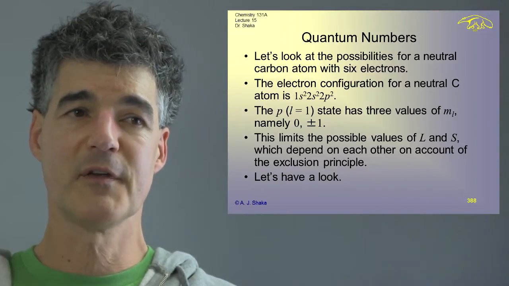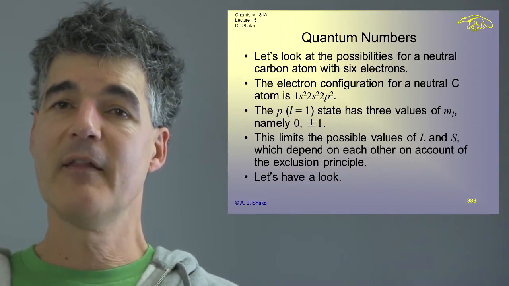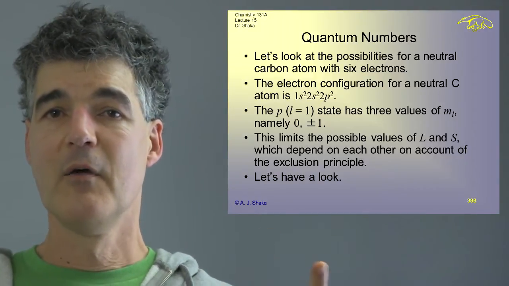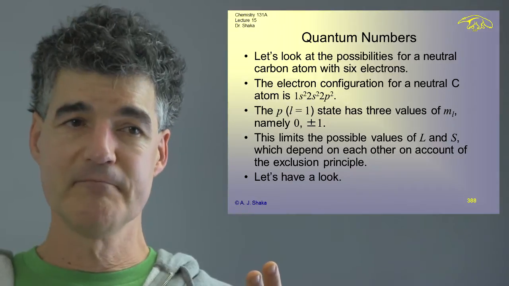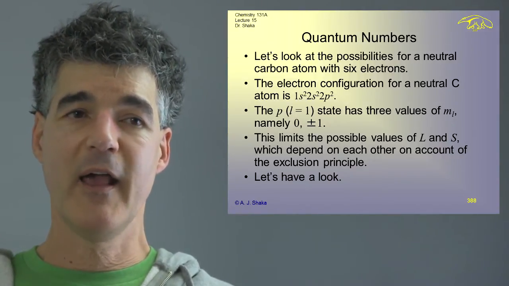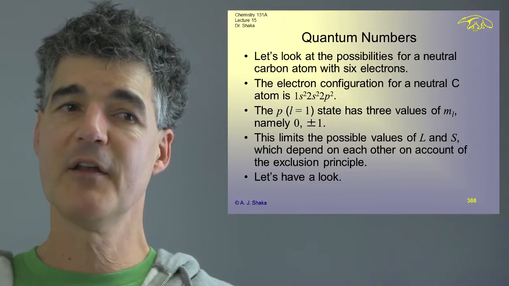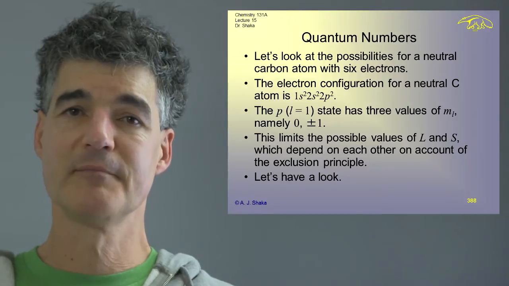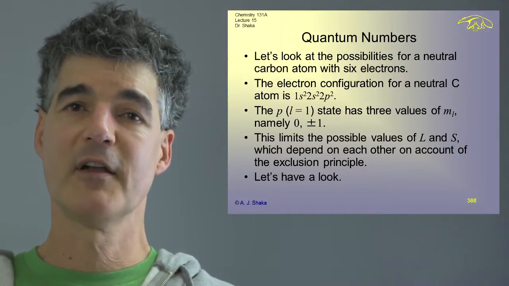The other orbitals are filled. For the L equals 1 state for p, m sub L can be 1, 0, and minus 1. And we can figure out then the limits on L and S, which depend on each other because of the exclusion principle. Let's have a look at this.